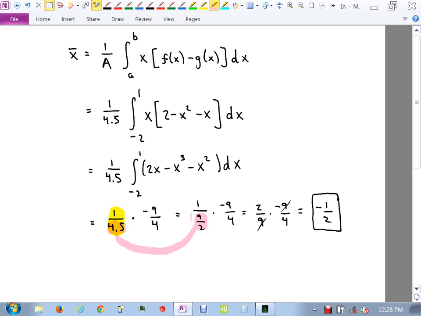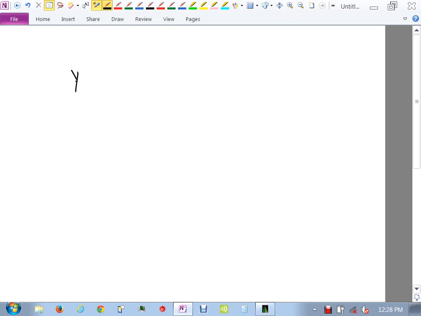And then y bar. So now we need y bar. Here we go. Y bar is equal to 1 over A again. So I'll use the fraction again because maybe we'll get lucky and it'll work. 1 over 9/2 integral -2 to 1 times 1/2. And now each of my functions squared.